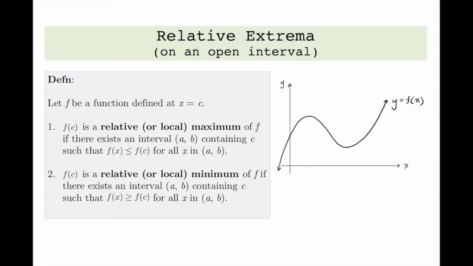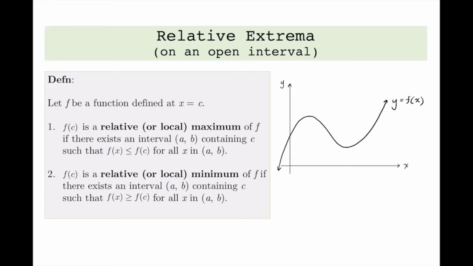The relative part of relative extrema means that we are looking at a small range of values, or in a little local neighborhood, where the extreme value, the maximum or the minimum, is only a maximum or minimum relative to points that are really close to it. So it might not be the highest or lowest point over the entire function, but relative to the x values really close to that maximum or minimum, it is the highest or lowest point.